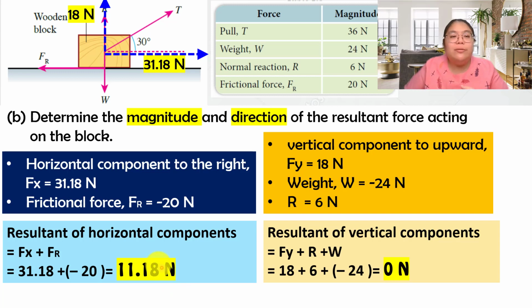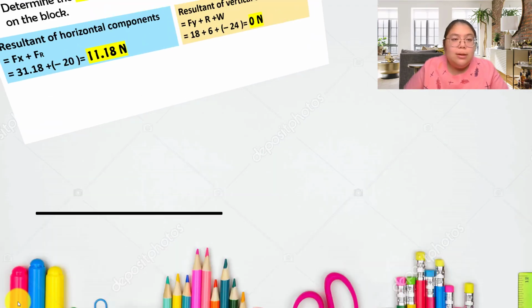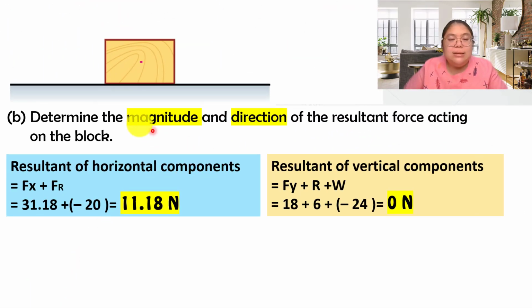So we go and find the last answer. This one is not the answer, just calculation only. The last answer is here: determine the magnitude and also the direction. Just now we found it, and the direction is to the right. So you can see now there is one big arrow to move the block, whereas just now there were so many small arrows. Finally, after the calculation, we have one big force pulling the block to move.